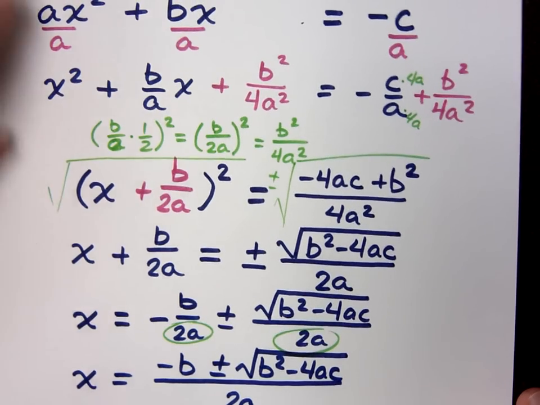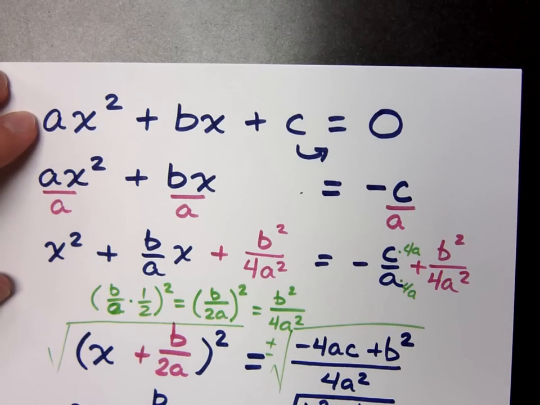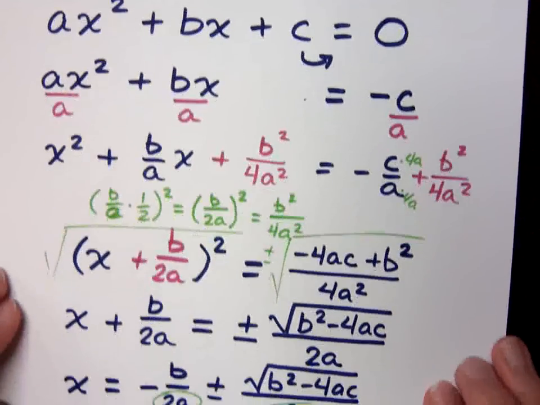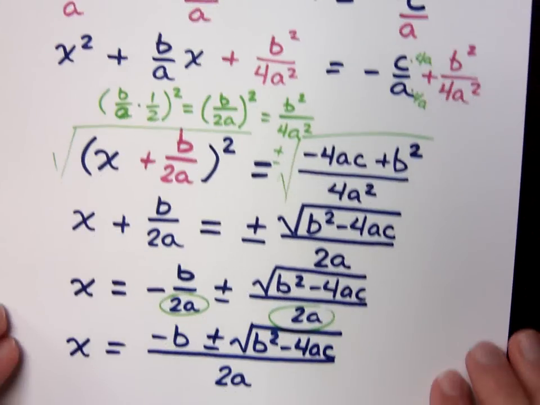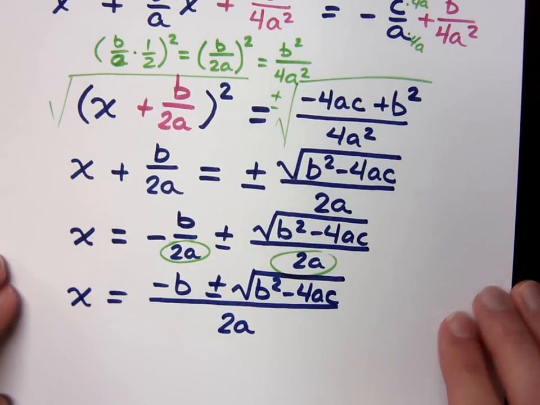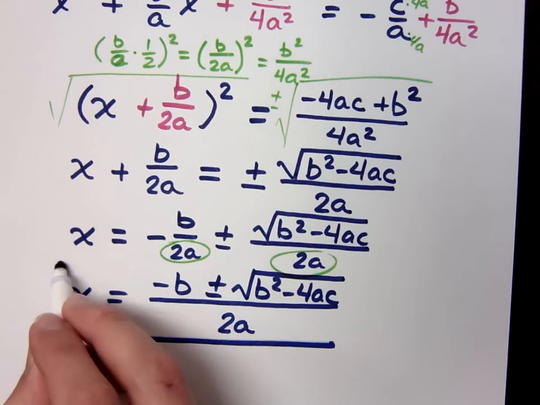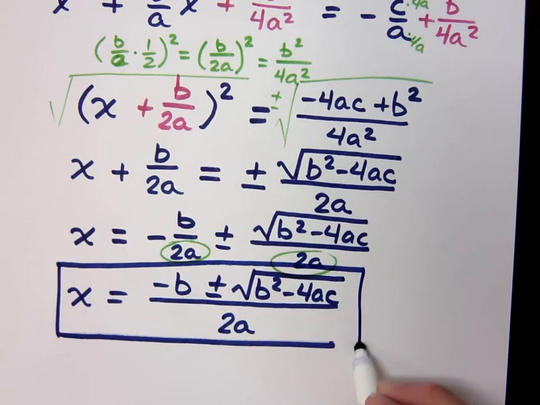So you see that we started with the quadratic equation, and I went through the steps piece by piece, and I end up with my quadratic formula. All you had to do was complete the square.